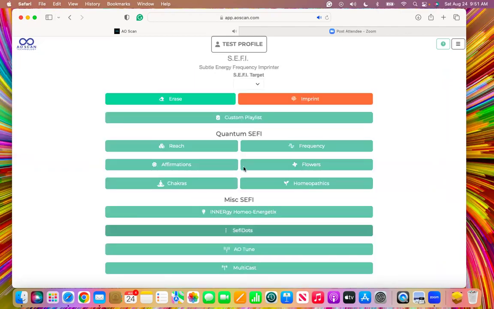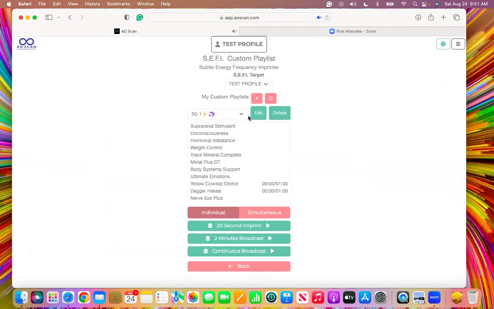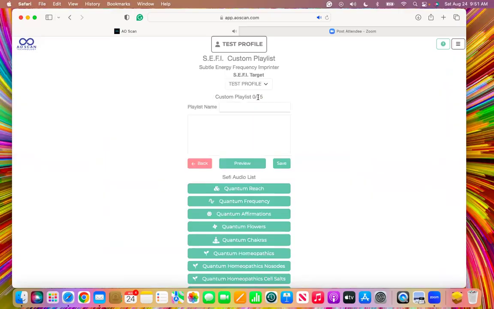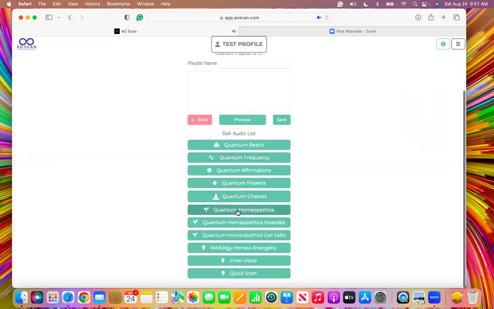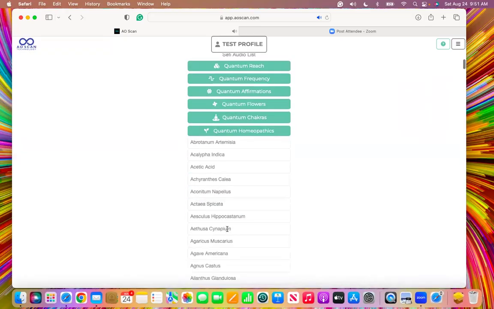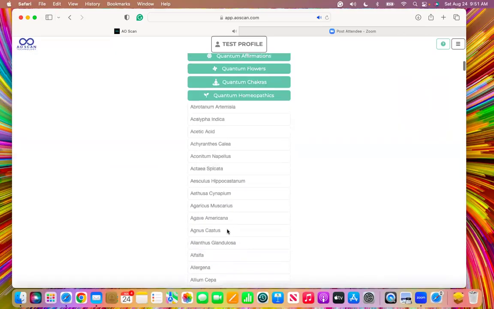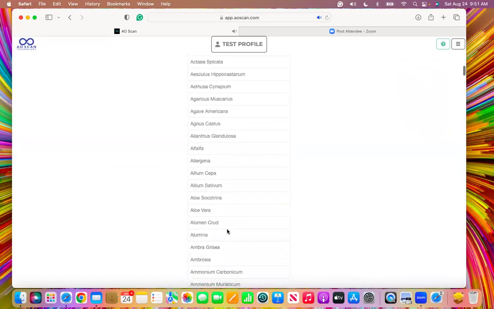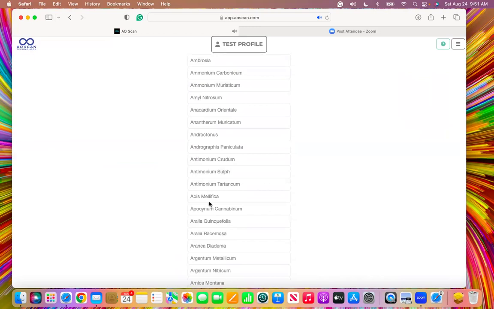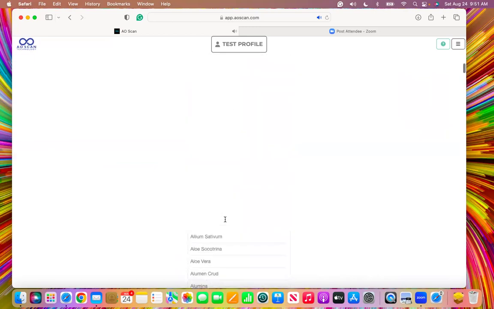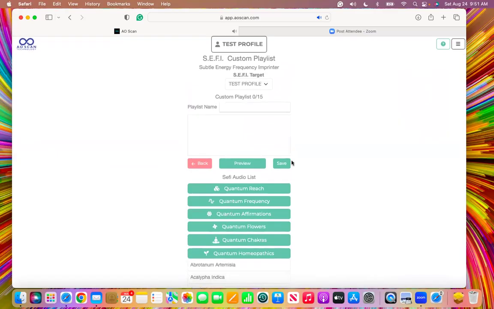Come back in the Sephi, click custom playlist, hit the plus arrow, maybe do a histamine playlist, and then add the homeopathics of histaminum, apis, nux vom, and then phosphorus. So that is one of the things that you could do with the AO scan.